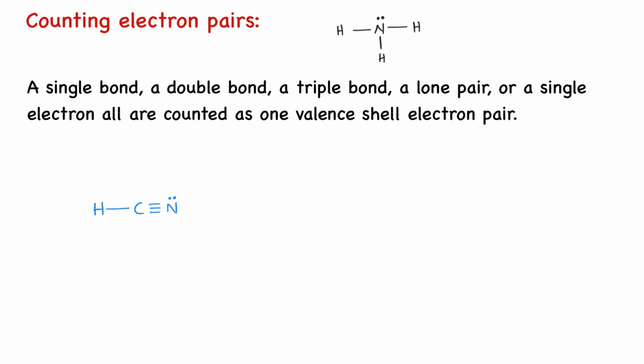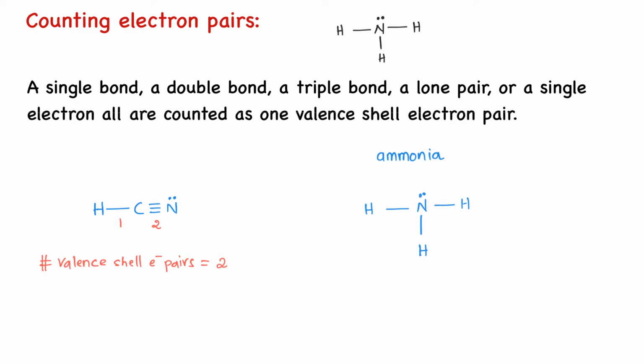Each of these bonds is counted as one valence shell electron pair. Even though the triple bond consists of 3 electron pairs, it is still counted as one valence shell electron pair. Therefore, the total number of electron pairs around the carbon atom in the hydrogen cyanide molecule is 2.